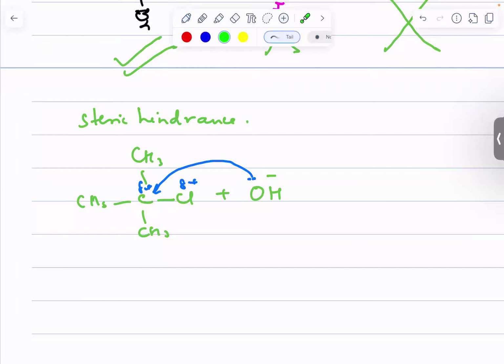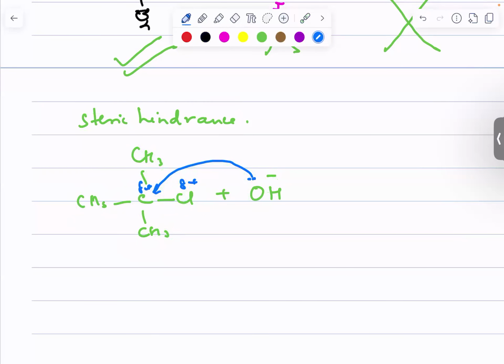Why? Because this carbon is surrounded by big molecules. So OH cannot make its way into this electrophilic carbon. It cannot make its way because this side is being obstructed. No invasion can be done because of the steric hindrance.